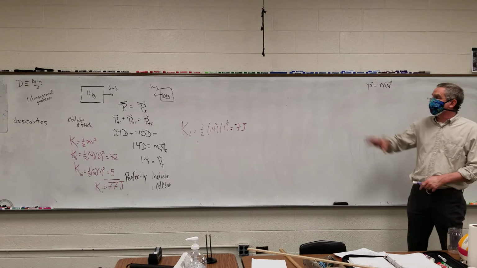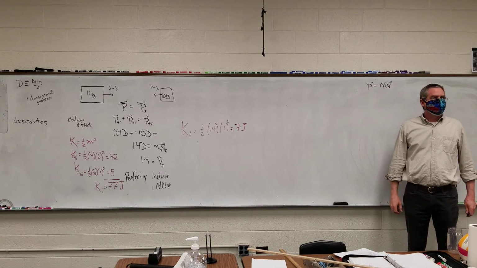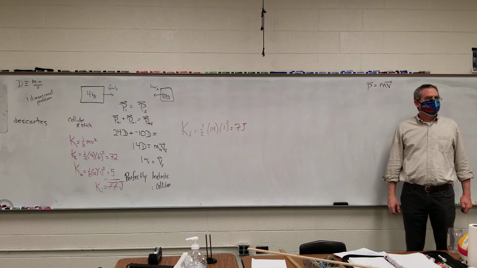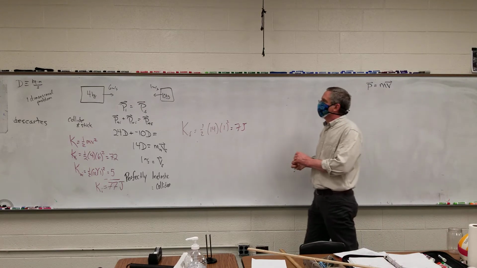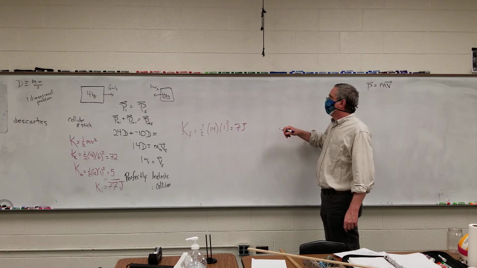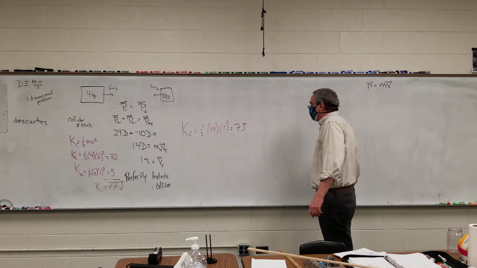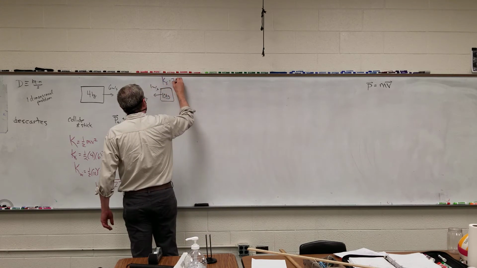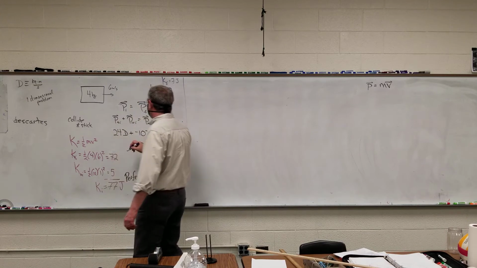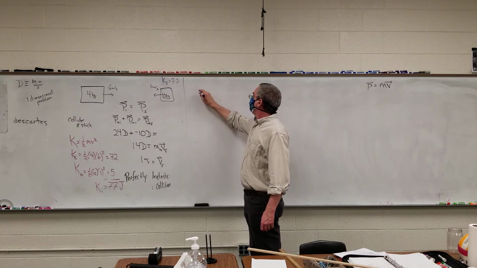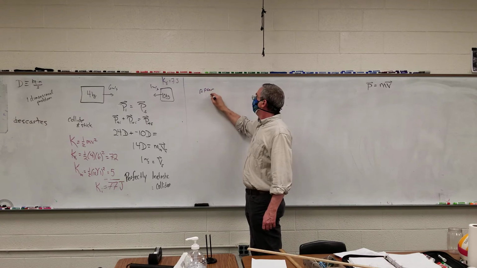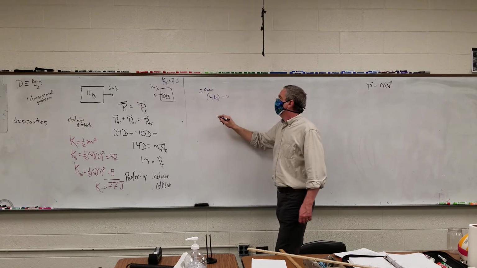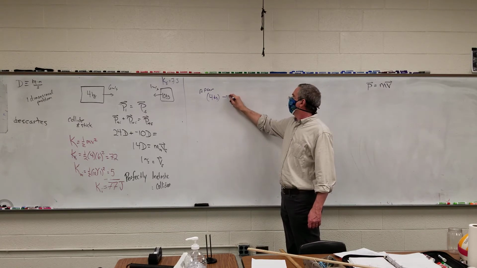All right, questions on this, because I'm going to change the problem slightly. We start out with the same initial setup, except afterwards, the 4 kilogram mass is traveling to the right at 3 meters per second.